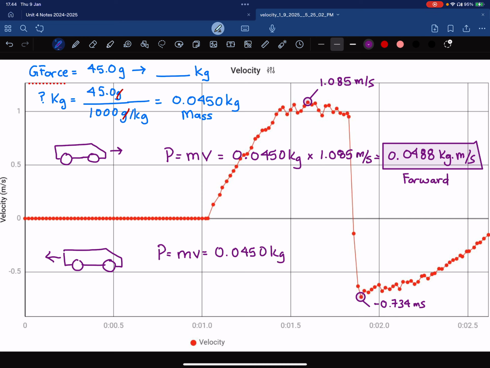That didn't change. All that changed is that now it's going at negative 0.734 meters per second. So 0.045 times negative 0.734 is going to give me negative 0.0330 kilogram meters per second.